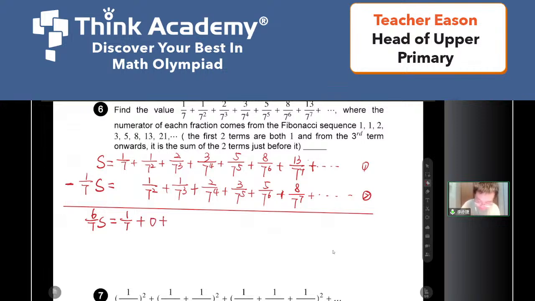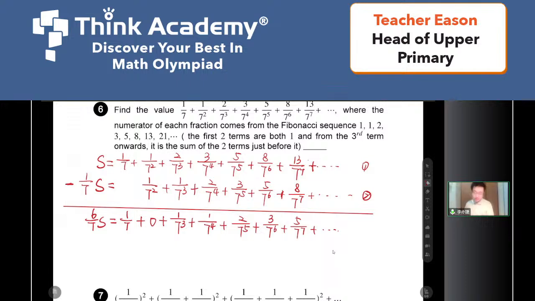And now for each term, this is 1 over 7 to the power of 3, 1 over 7 to the power of 4, 2 over 7 to the power of 5, 3 over 7 to the power of 6, 5 over 7 to the power of 7.